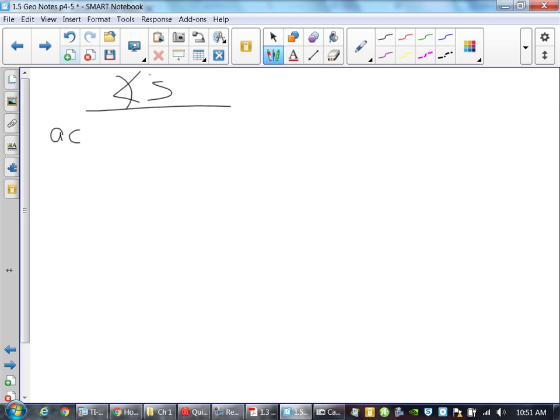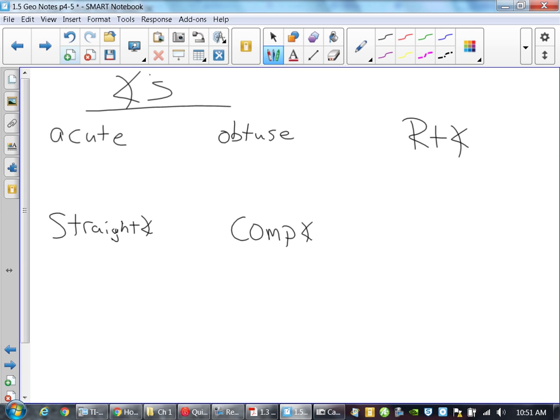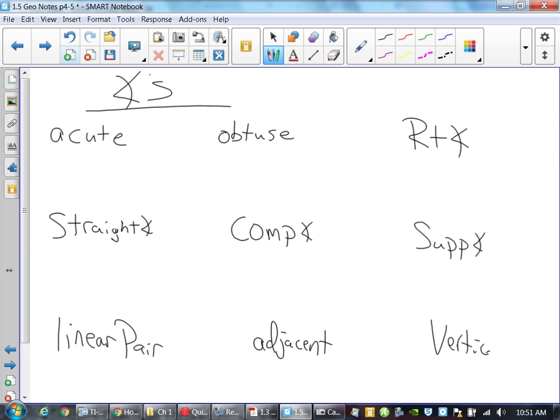We have acute, obtuse, a right angle, straight angles, complementary, supplementary, linear pair, adjacent, vertical. I think there's a couple more. I'll just start with this.